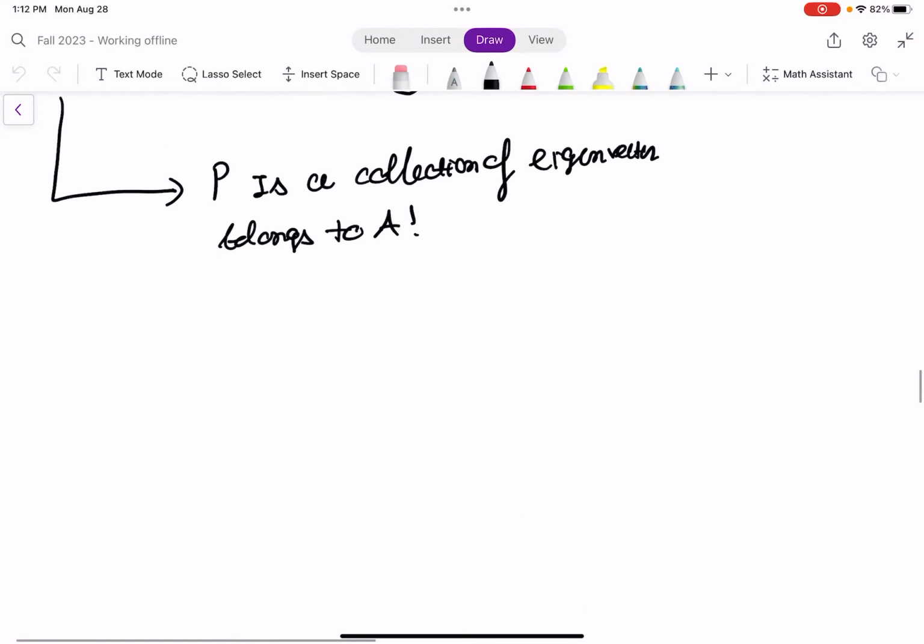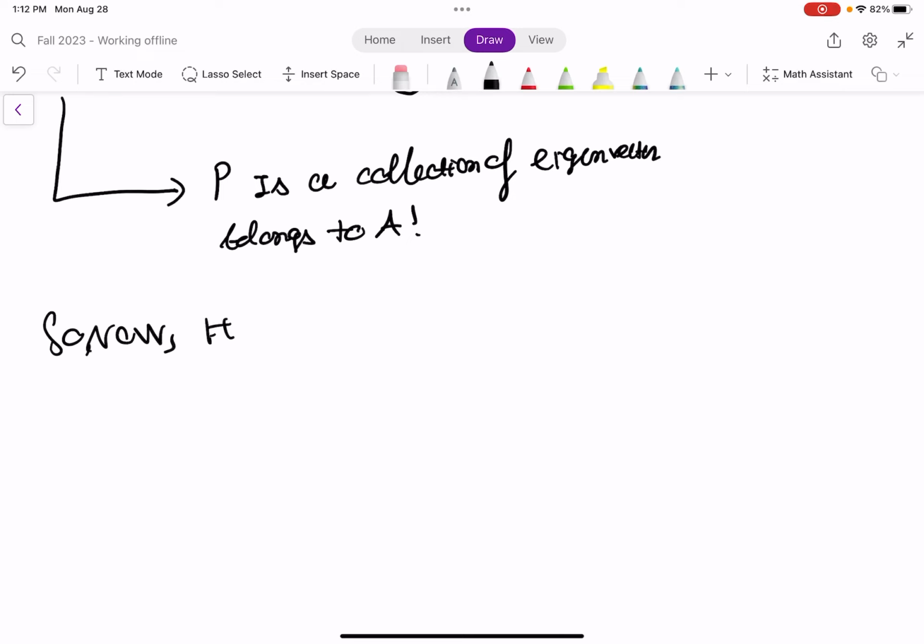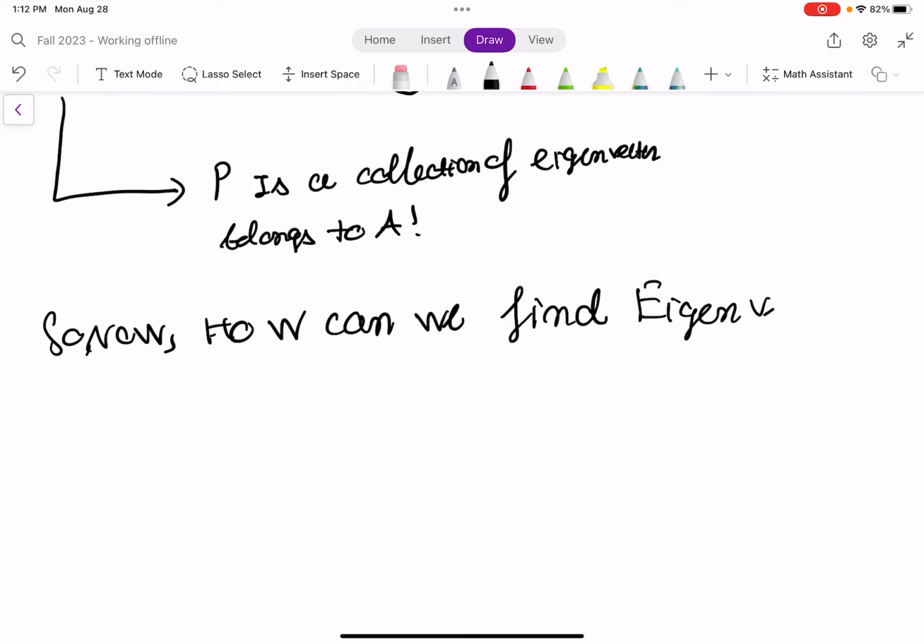So now, how can we find the eigenvector of A? Because if we can find the eigenvectors of A, then we obtain P.